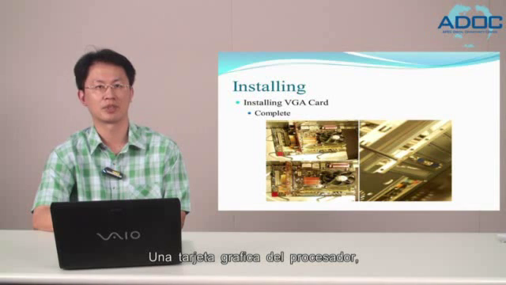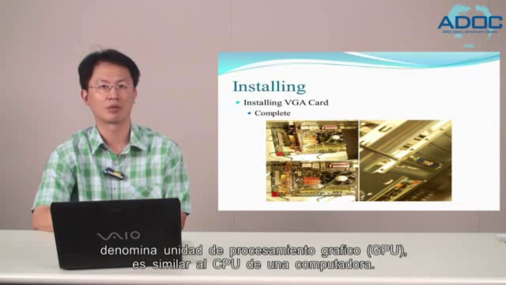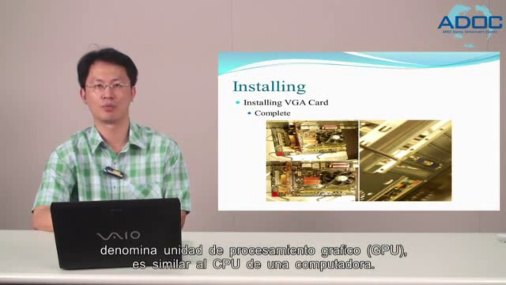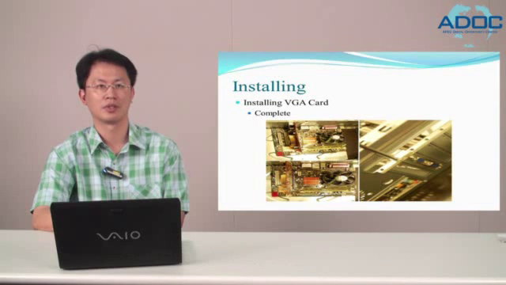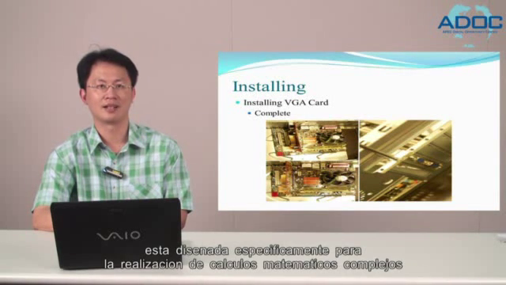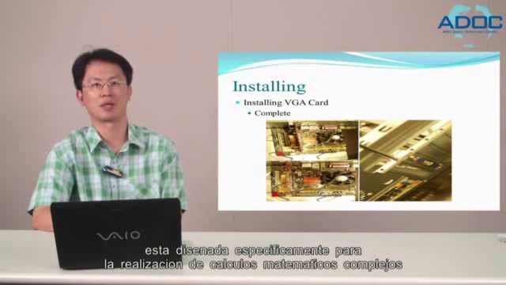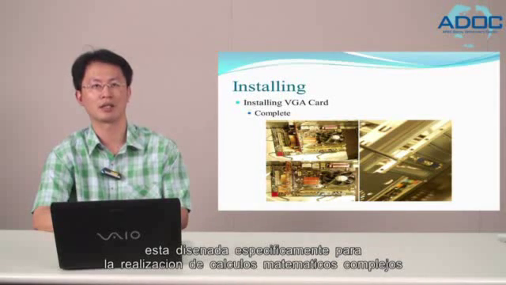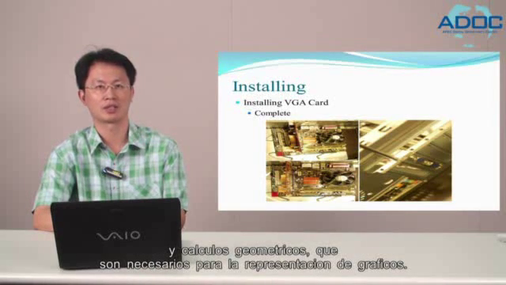A graphics card's processor is called a graphics processing unit, GPU. It's similar to a computer CPU. A GPU, however, is designed specifically for performing the complex mathematical and geometric calculations that are necessary for graphics rendering.